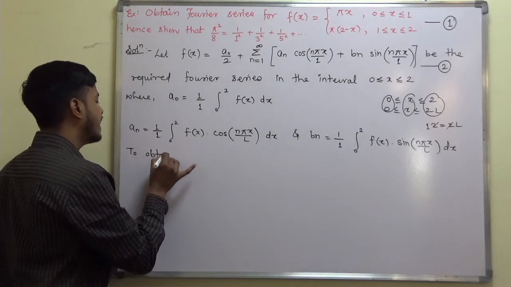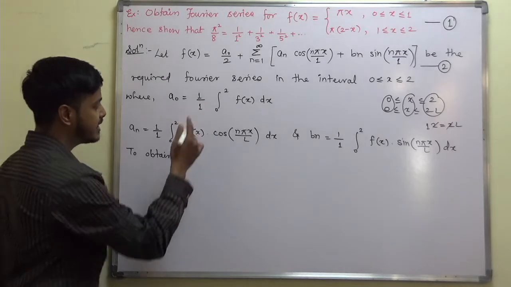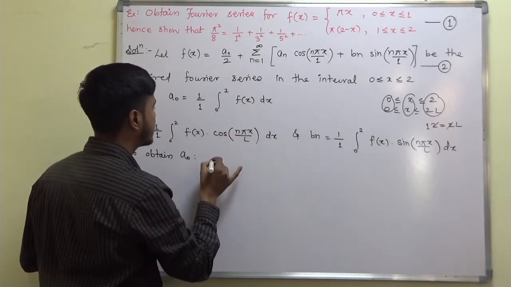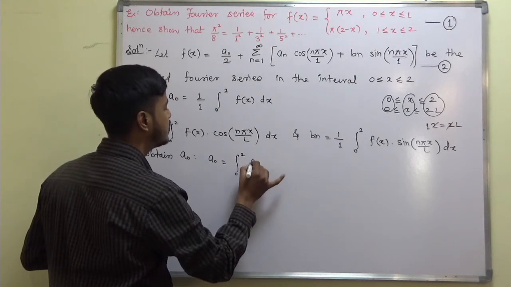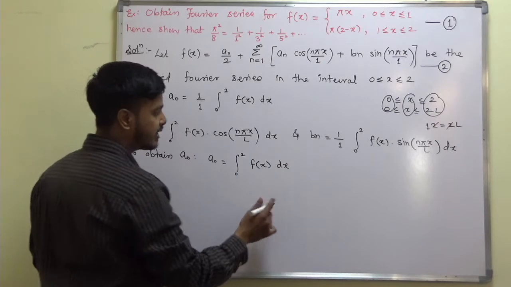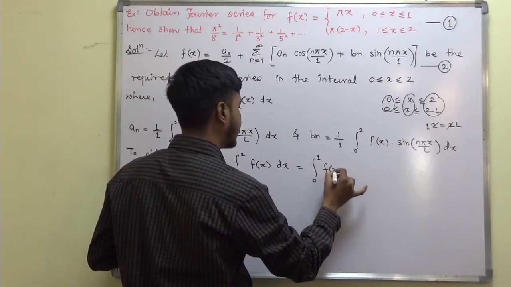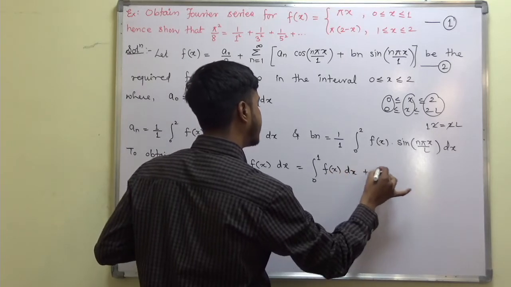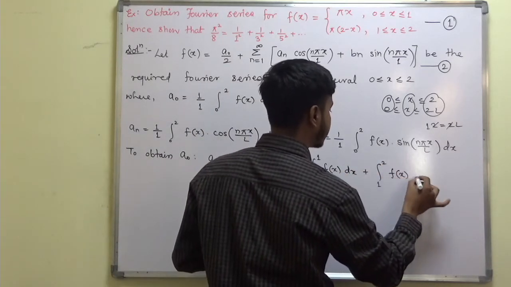To obtain a0, how can one find it? See here, 1 by 1 is 1. So a0 is equal to integration 0 to 2 f of x dx. This can be written as integration 0 to 1 f of x dx plus integration 1 to 2 f of x dx.